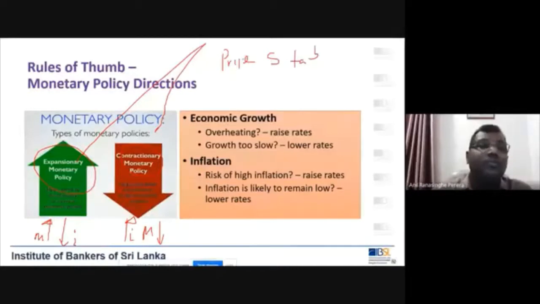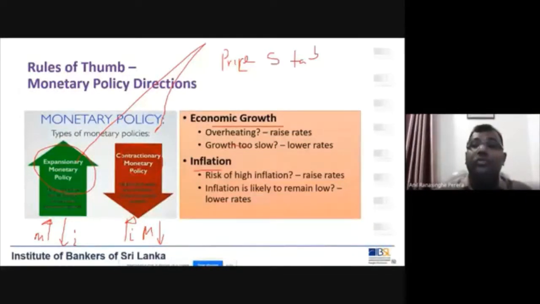To achieve price stability, the central bank is doing this. But you can't do both together. Either it's expansionary or contractionary, right? You cannot have in between. So that is the direction of monetary policy. The important point is how this direction is decided by the central bank. For that matter, the central bank looks at two variables, mainly economic growth and inflation.